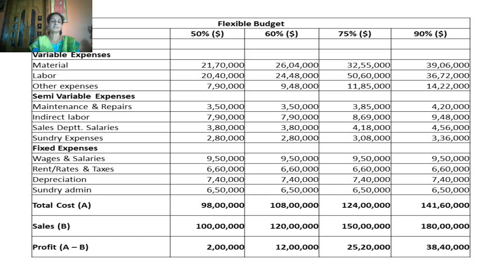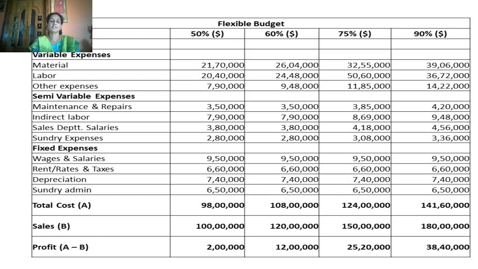For 50%, the amount is 20 lakh 40,000. For 60%, how much? 20 lakh 40,000 into 60 divided by 50. When you calculate, you will get 24 lakh 48,000. Same you can calculate for other expenses also. Simultaneously, you can also calculate for 75% and 90%.